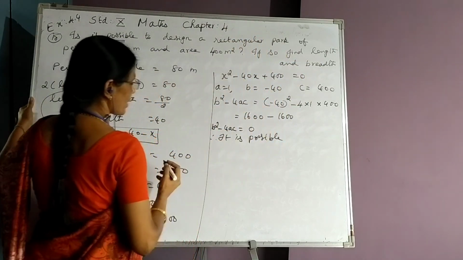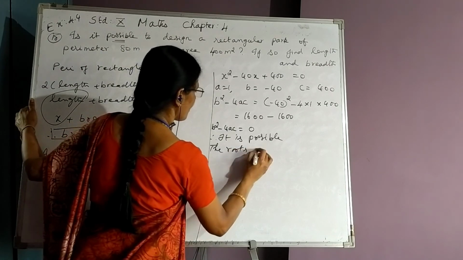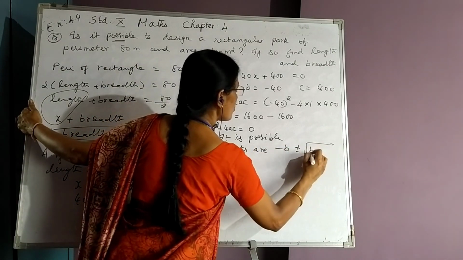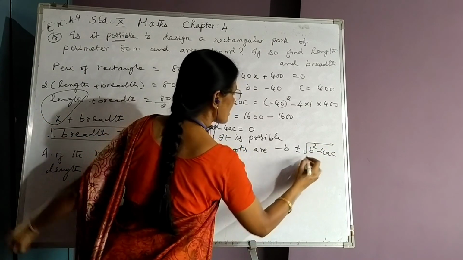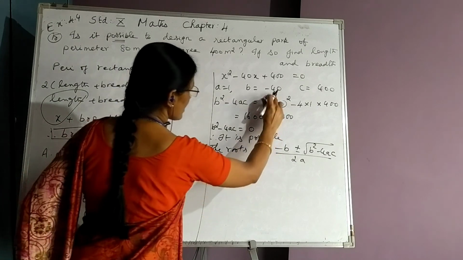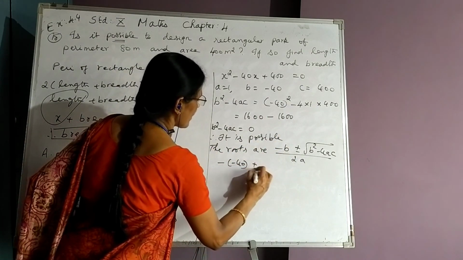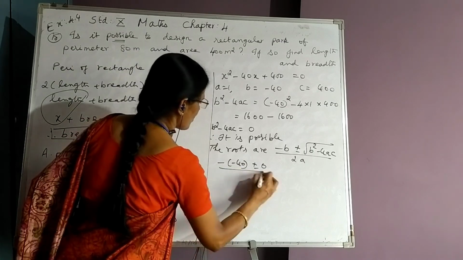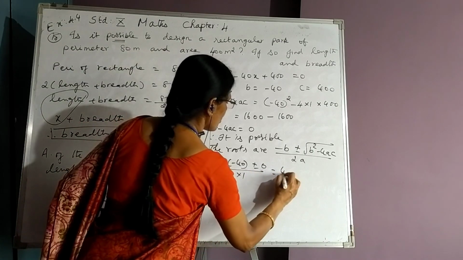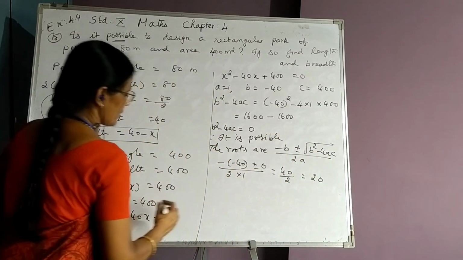We are supposed to find the length and breadth, therefore we calculate the roots. The roots are minus b plus or minus root of b square minus 4ac, upon 2a. The b value is minus 40, so I substitute minus of minus 40. Here it is 0 upon 2 into a. The a value is 1. Therefore, it is 40 upon 2, which is equal to 20.